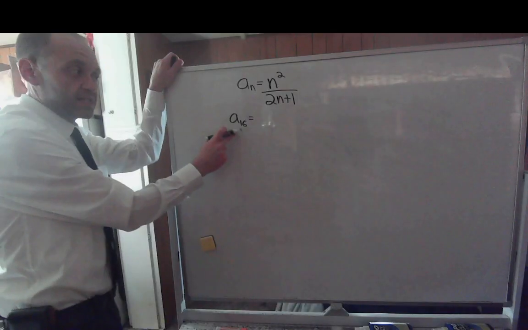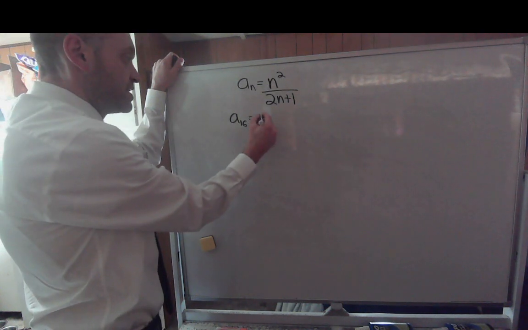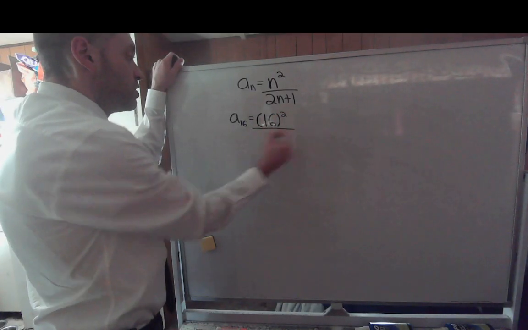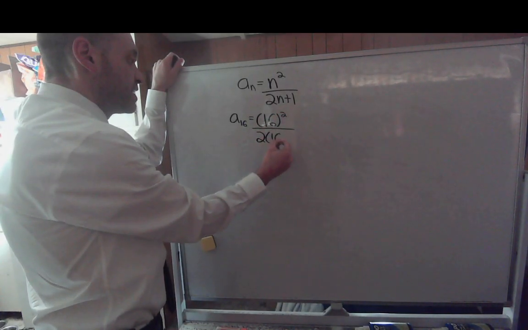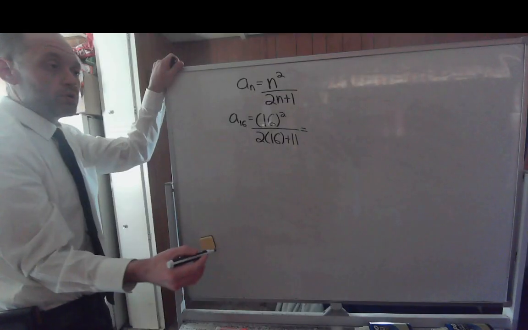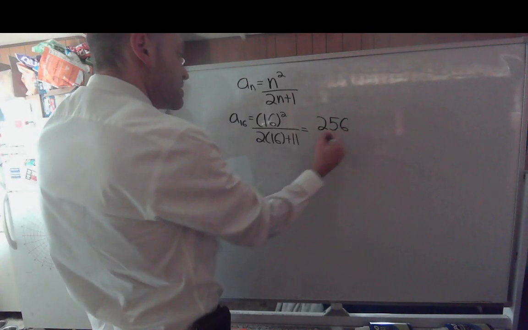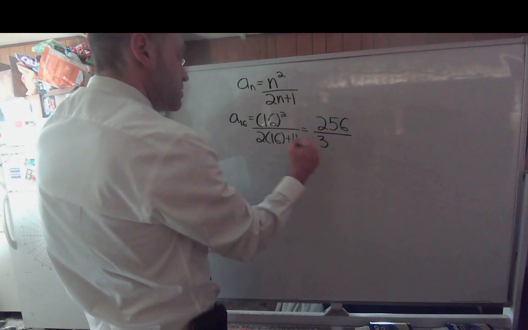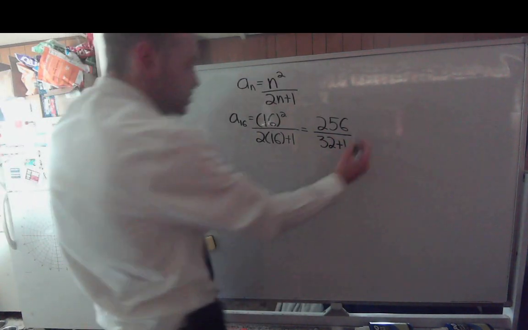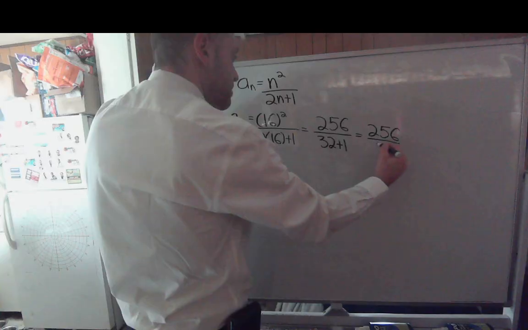So a sub 16, that means I'm going to put in 16 for my term number wherever I see the n. That'd be equal to 16 squared all over 2 times that 16 plus that 1. Well, that's going to end up equaling 256 over 32 plus 1, which will simplify into 256 over 33.